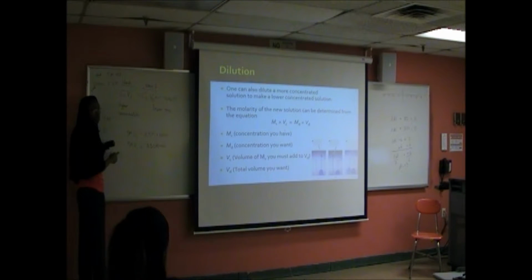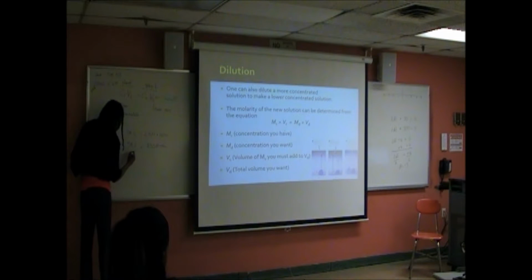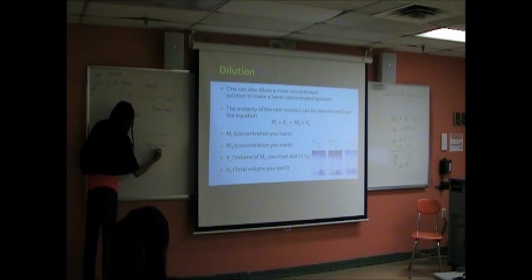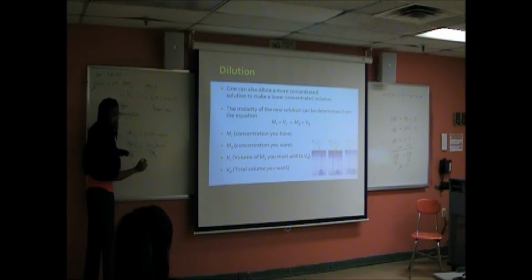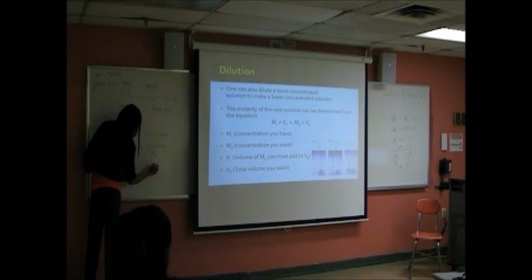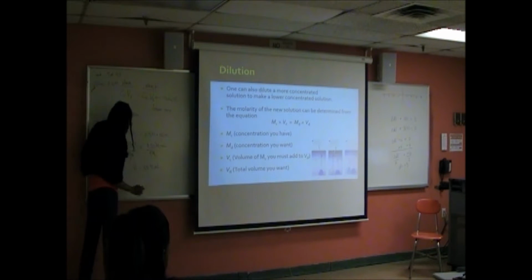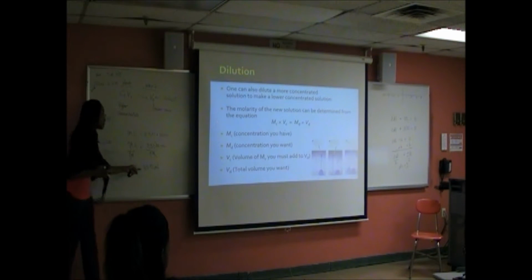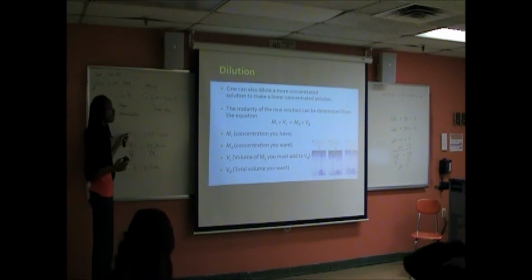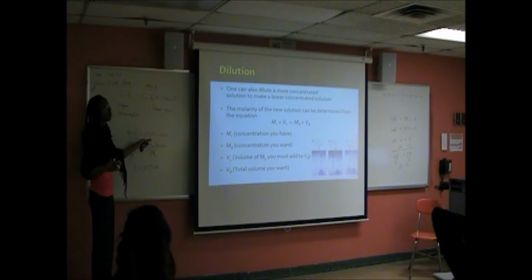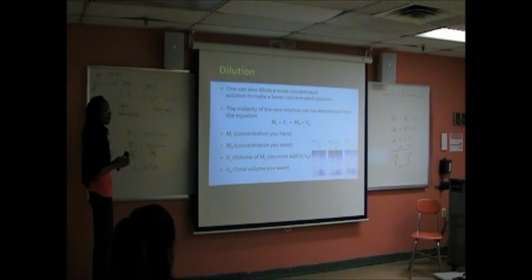How do you solve for V1? Divide by 7 molar on both sides. The molar cancels out. V1 equals 35.71 milliliters. So this is how much of your 7 molar you need in order to make your 2.5 molar.